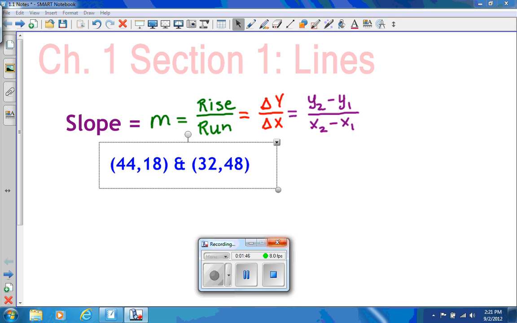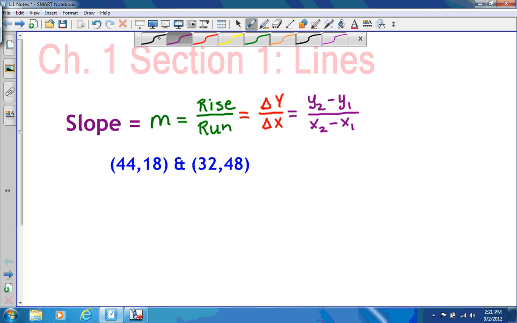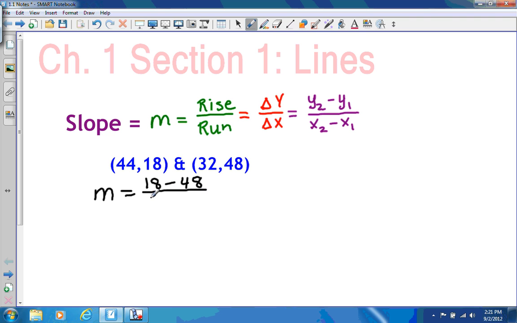Alright, for these two coordinates, (44, 18) and (32, 48), to find the slope, you would take the y values, 18 minus 48, over the x values of 44 minus 32.